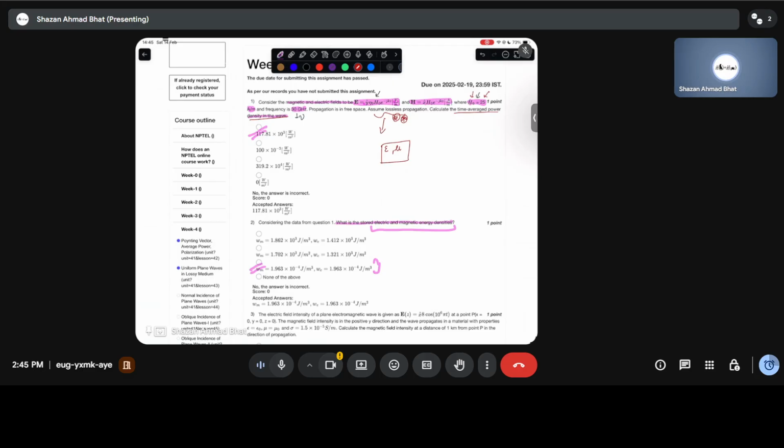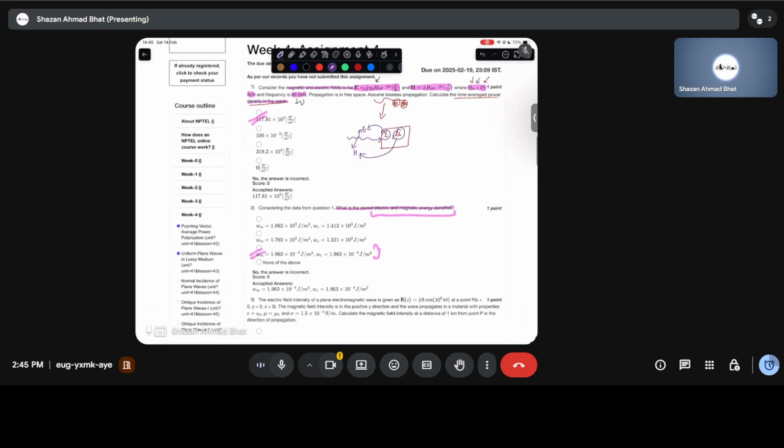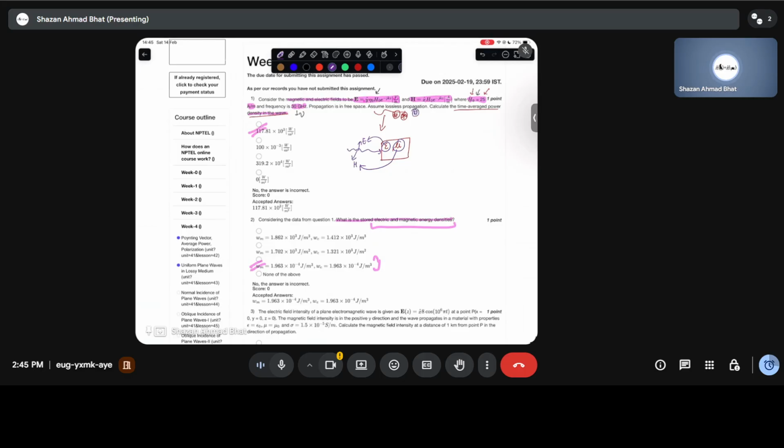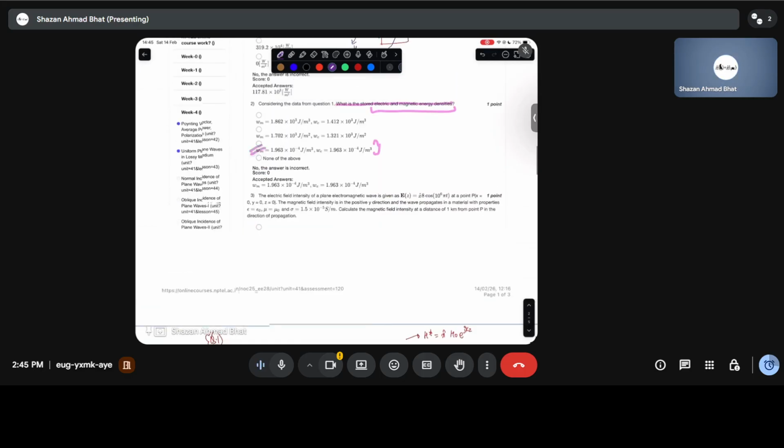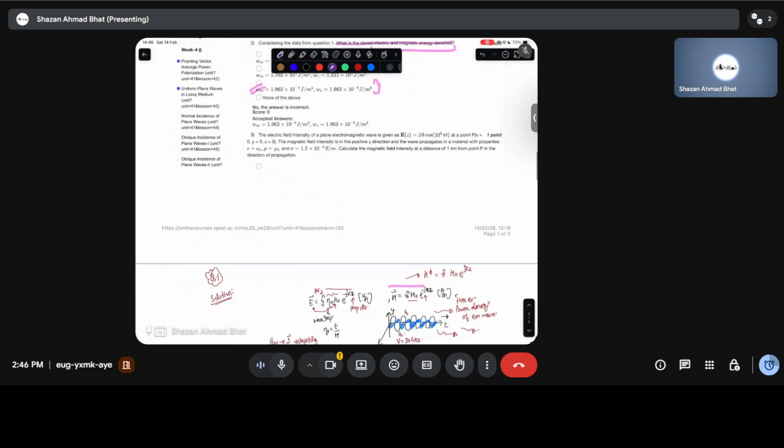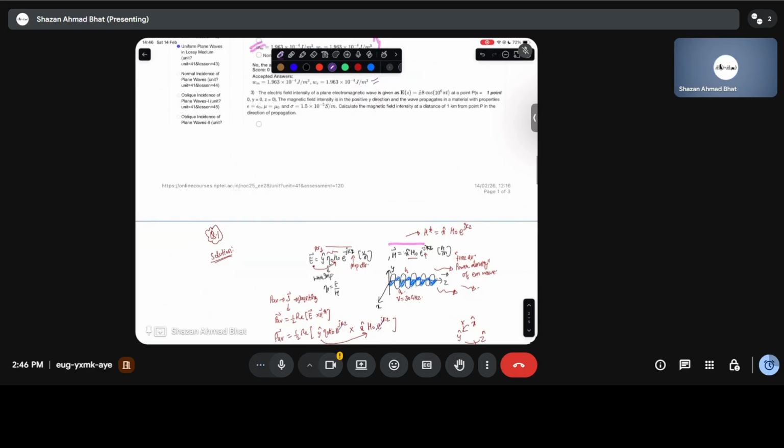Whenever the electromagnetic wave hits, say this is the electric field component and this is the magnetic field component, depending upon the epsilon and mu values, the electric field and the magnetic field are going to be modified. So the energy density is going to get modified according to the values of the permittivity and permeability. But right here we consider lossless propagation, which is the simplest case. So this is the exact answer of the question.